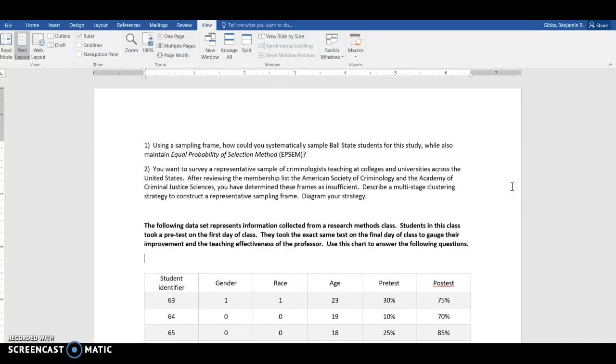So specifically here, we have a sampling frame. That is a list of our target population. I know within these two particular chapters 7 and 8 that some of our terminology gets kind of turned on its head. Sampling frame is a list of the target population. The sampling element is our target population. Imagine a sampling frame of Ball State students.